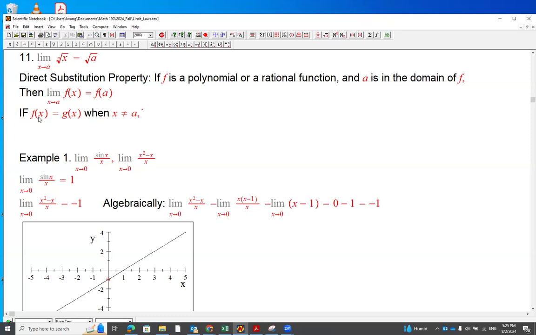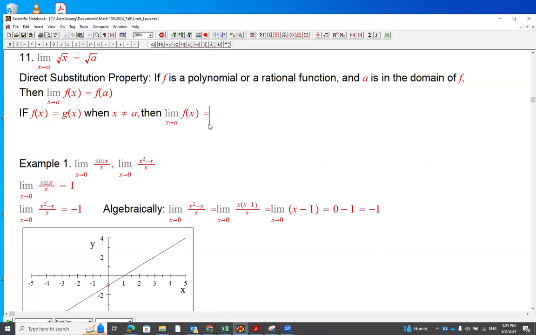If f of x equals g of x when x is not a, in other words, f and g are the same for all the other x's, as long as x is not a, then the limit of f of x is equal to the limit of g of x, because they're only different by 1 point.